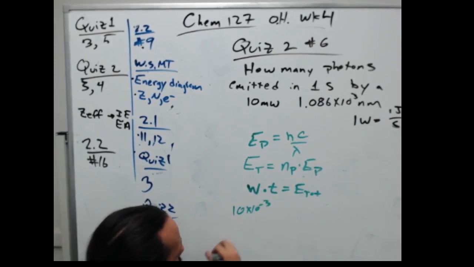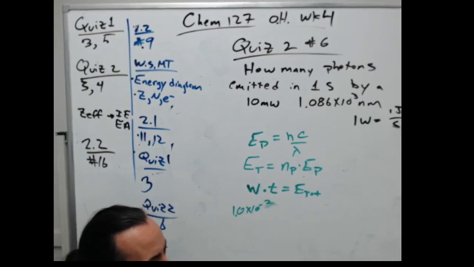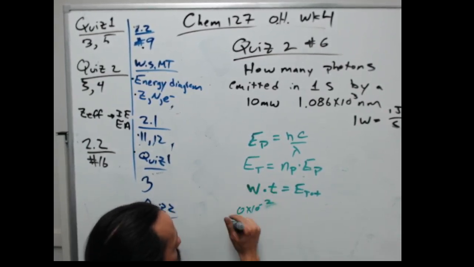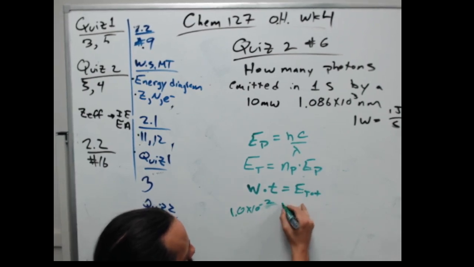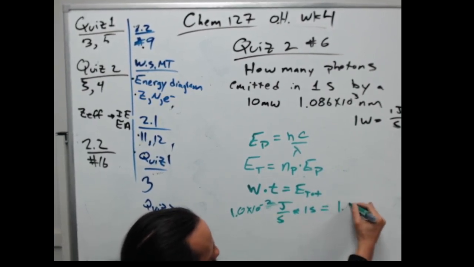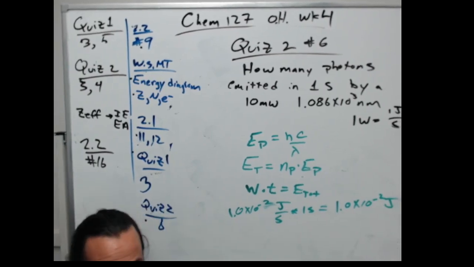That looks weird to me, so I'm going to change it to 1.0 times 10 to the minus 2. So 1.0 times 10 to the minus 2 joules per second times 1 second gives me 1.0 times 10 to the minus 2 joules for my total amount of energy.